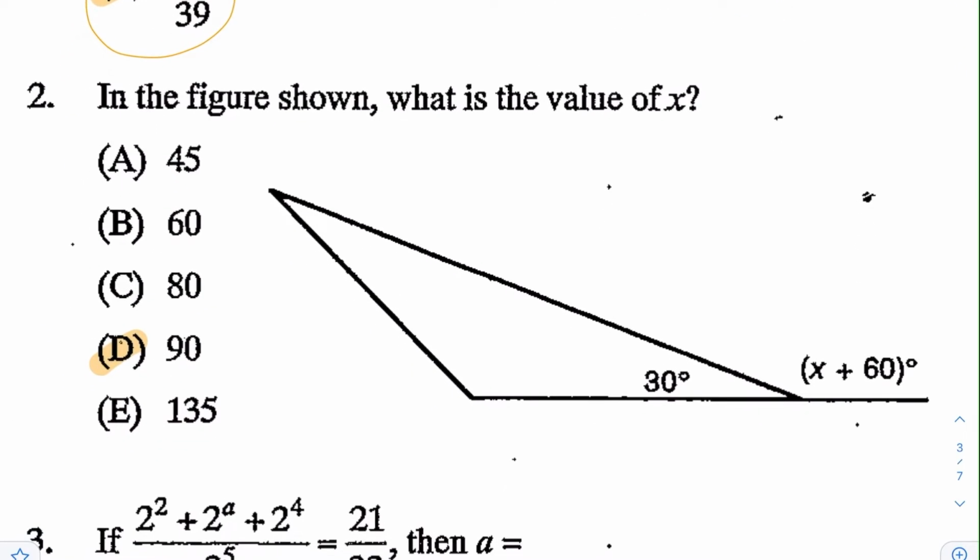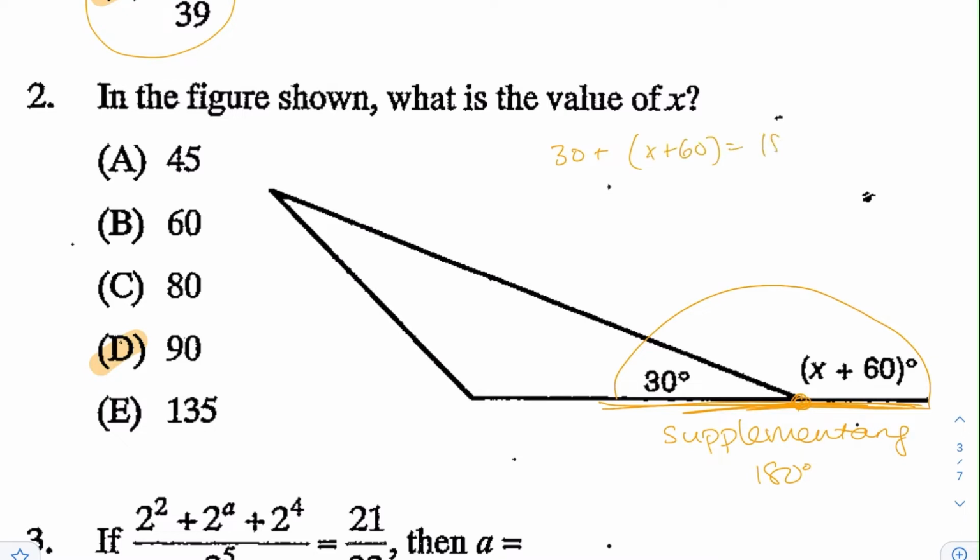Next, for question number 2, in the figure shown, what's the value of x? So you have these 2 angles, and they form a 180 degree straight line. So these 2 angles are called supplementary, which means they add up to 180 degrees. So that means that 30 plus x plus 60 has to be equal to 180 degrees.